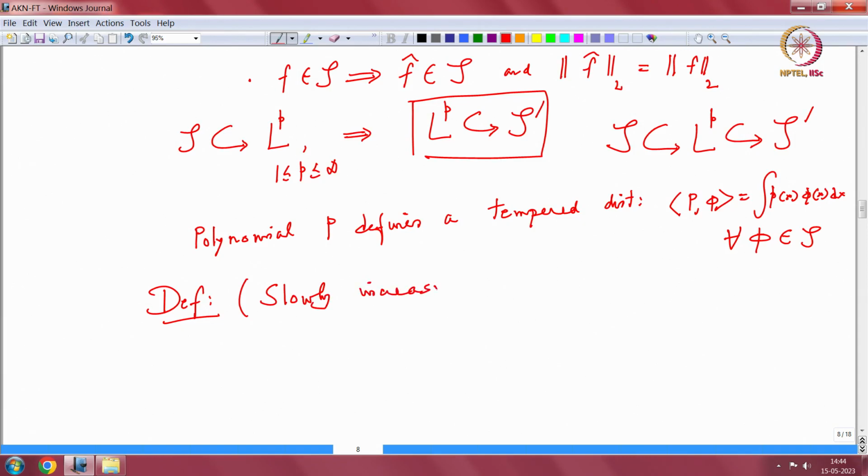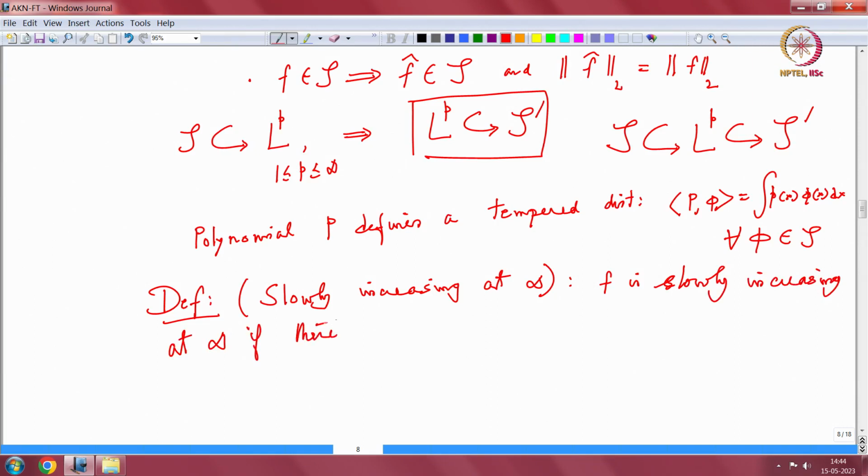F is slowly increasing at infinity if there is a positive k such that (1 plus mod x square) whole power minus k by 2 times f is bounded in R.